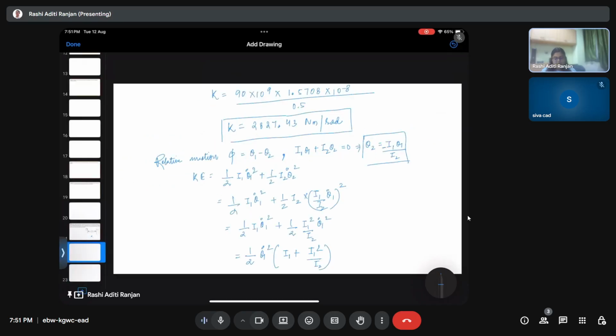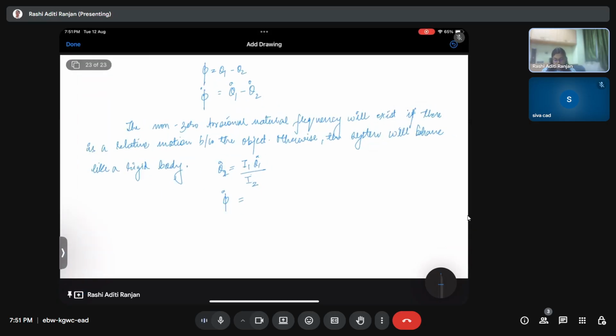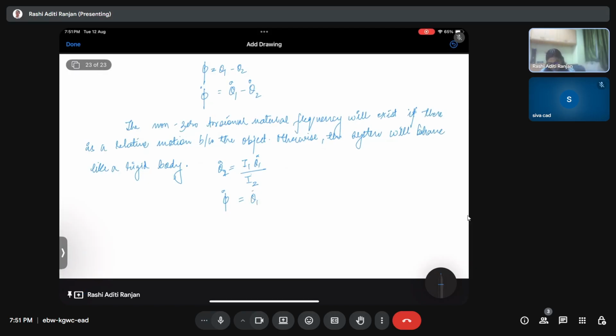A minus. Anyway, it will not make any difference in this derivation because there is a square, so the minus will get cancelled, but it will definitely affect here. Phi dot is equal to theta 1 dot plus I1 by I2 theta 1 dot.